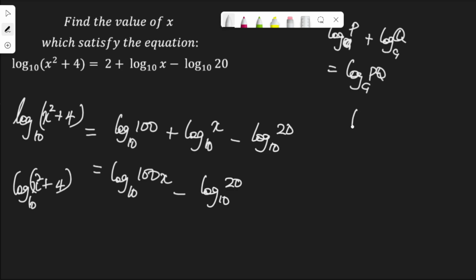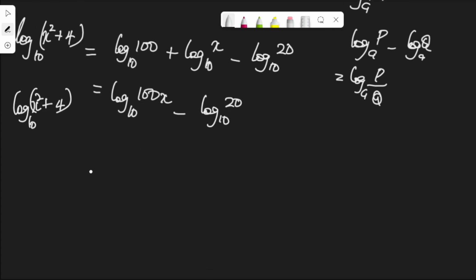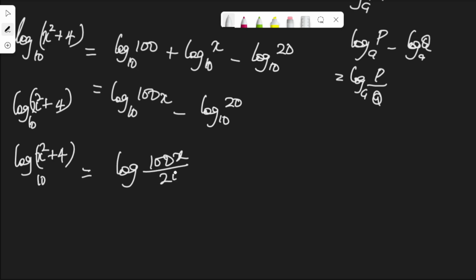Again, there's a law that says log p to base a minus log q to base a is log p divided by q to base a. If we apply it here, that means log (x squared plus 4) to base 10 will be log 100x divided by 20 to base 10.